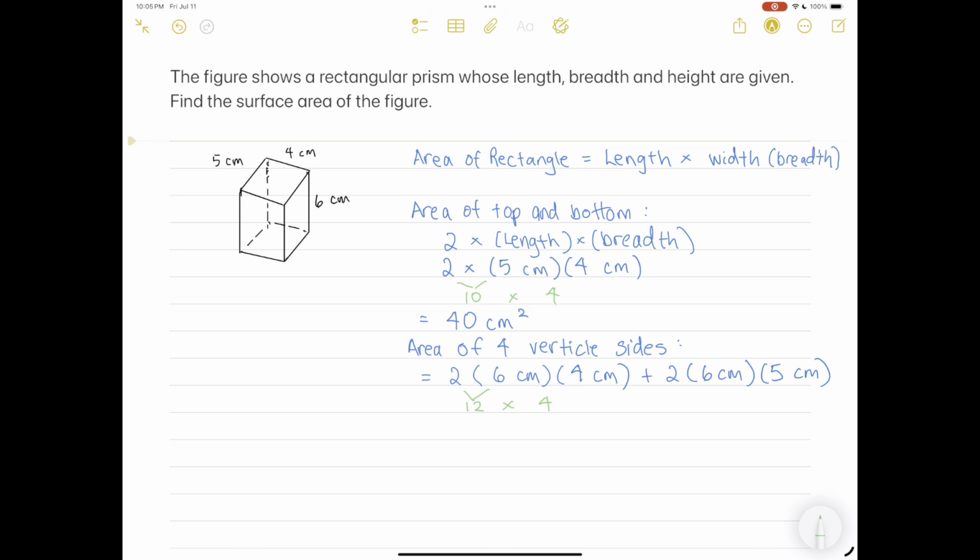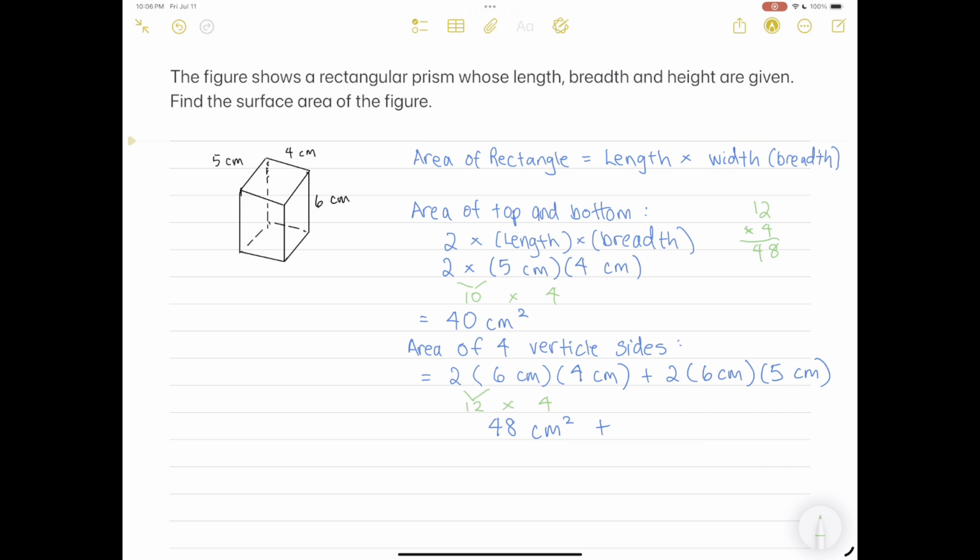So I start with 2 times 6, which equals 12, times 4. And I do that calculation on the side. 12 times 4 equals 48. And I write 48 on the line below. And centimeters times centimeters equals centimeters square.